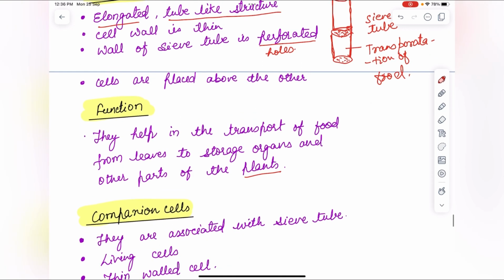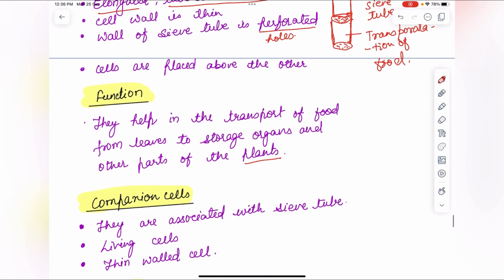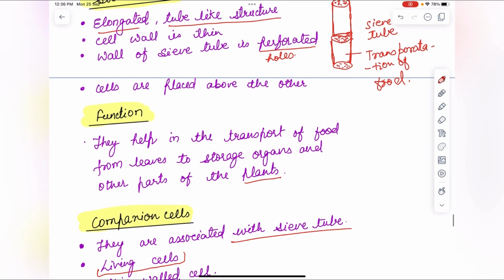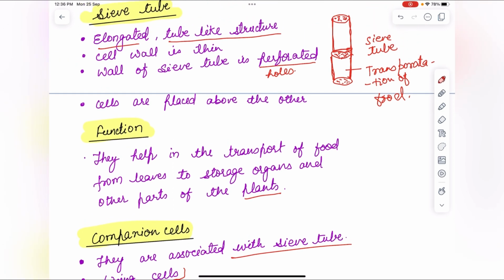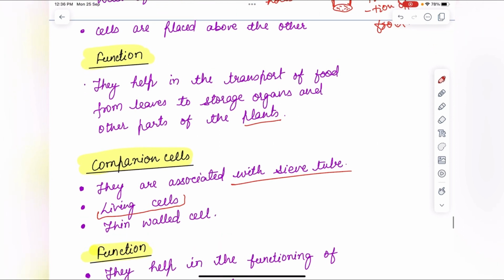Next is the companion cell. This companion cell is associated with the sieve tube. These two, sieve tube and companion cell, will work together. They are living cells. I told you 3 cells, that is sieve tube, companion cells and parenchyma, are living cells, and phloem fibers is a dead cell.